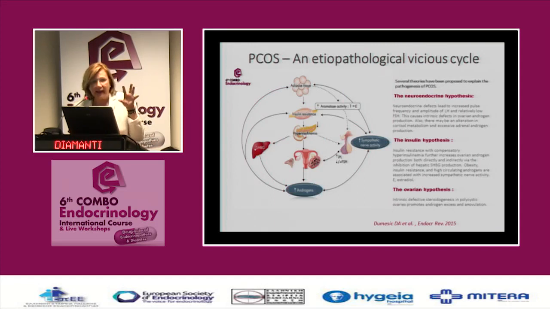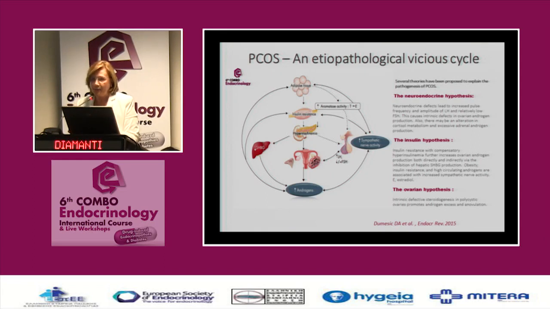The etiological background of PCOS, you can see it in this picture, and you can see the three main hypotheses. The neuroendocrine hypothesis, suggesting that neuroregulation is disturbed in the pathophysiology of PCOS, with GnRH pulsatility disturbed and usually increased.